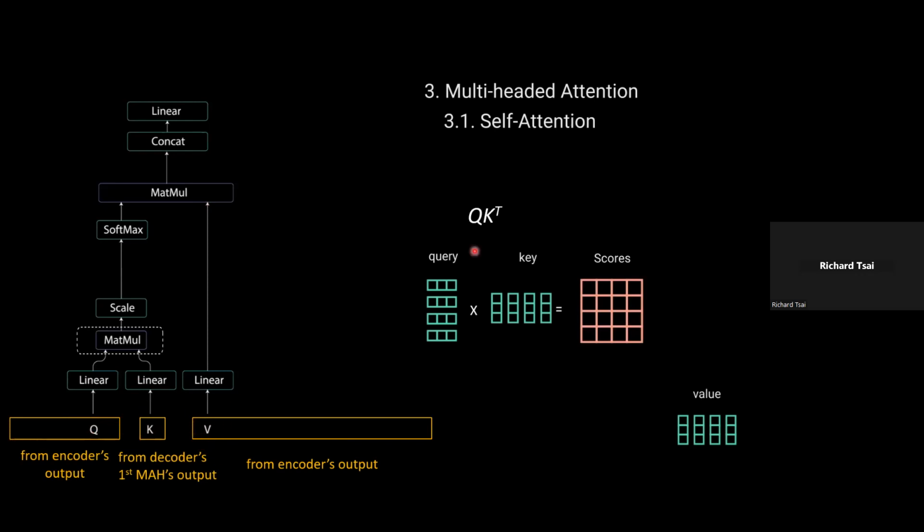These attention scores are then stored in the scores matrix, representing how much each input token should contribute to generating the output tokens in the decoder. So let me repeat. These attention scores are stored in the scores matrix, representing how much each input token should contribute to generating the output token in the decoder.